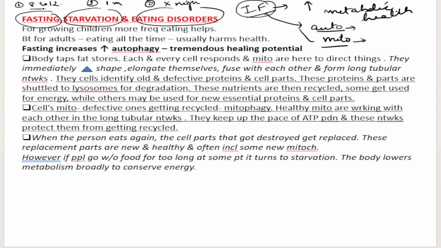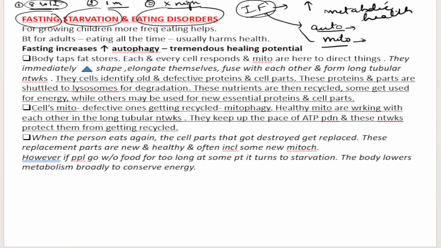So first is you're eating in the interval of 8 to 12 hours during the day, and after that you are undertaking a fast. Second is you're eating one meal a day, or you are restricting nighttime eating. So when you restrict eating to 8 to 12 hours in the day, then you sleep early.